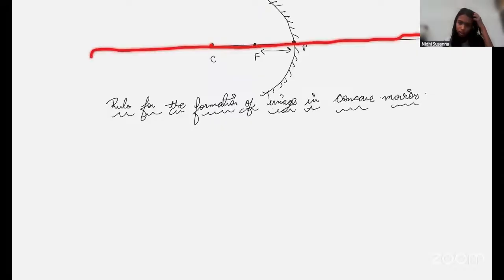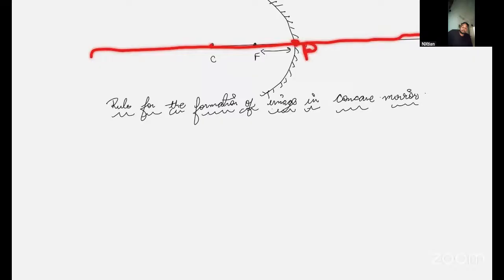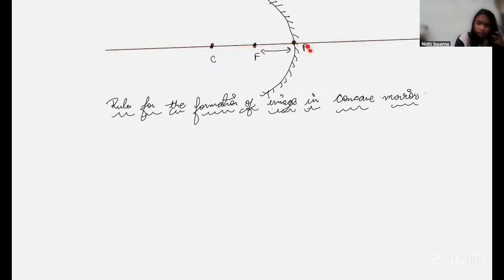Then the point on the spherical mirror, mark it as P, pole. And the midpoint of pole and center of curvature, which is 3 centimeters, you should mark as F, focus. Now put a heading: rules for the formation of image in a concave mirror.